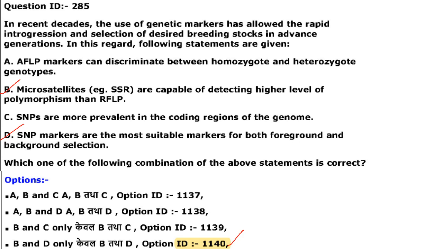So that option is not correct. Then microsatellites, example SSR, are capable of detecting higher level of polymorphism than RFLP. That is correct. Then next one. SNPs are more prevalent in the coding region of the genome. They can be found throughout the genome. So that is also not correct. Then SNP markers are most suitable markers for both foreground and background selection. That is also correct. So the answer here is B and D, and that is option 4.